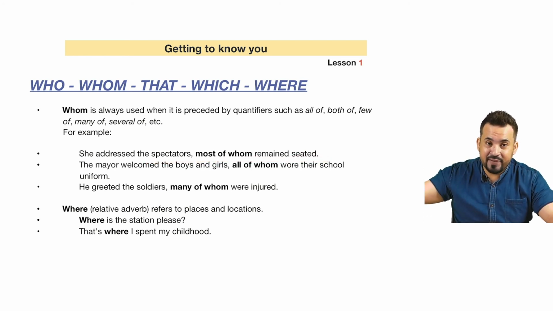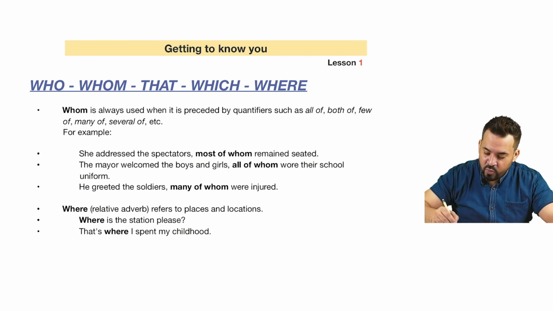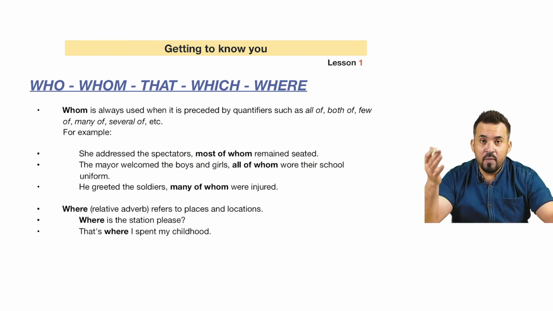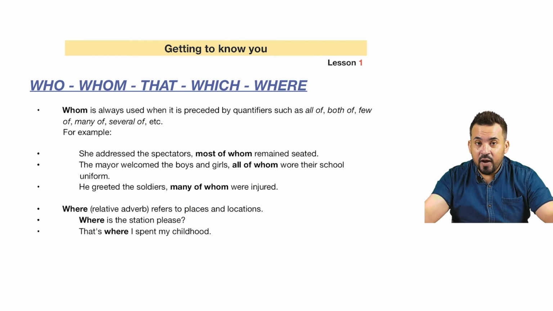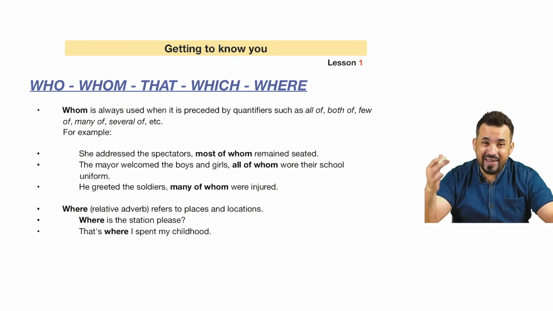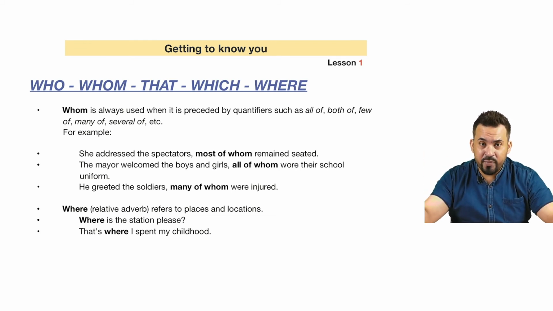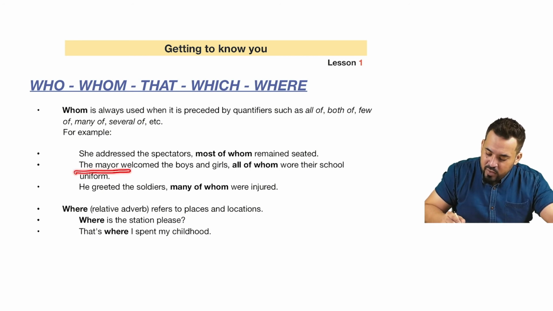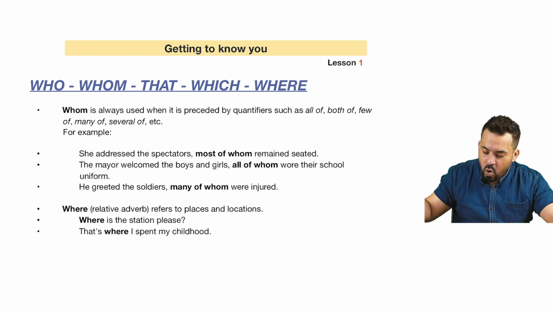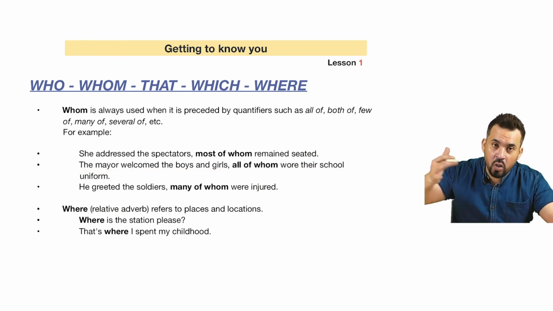We're talking about the spectators, most of whom. So the quantifier is most of, that's why we use whom. We cannot say most of who remain seated. Not modern, not formal, not informal. It's just wrong. With quantifiers, we always use whom. The mayor welcomed the boys and girls, all of whom wore their school uniform. All of whom.